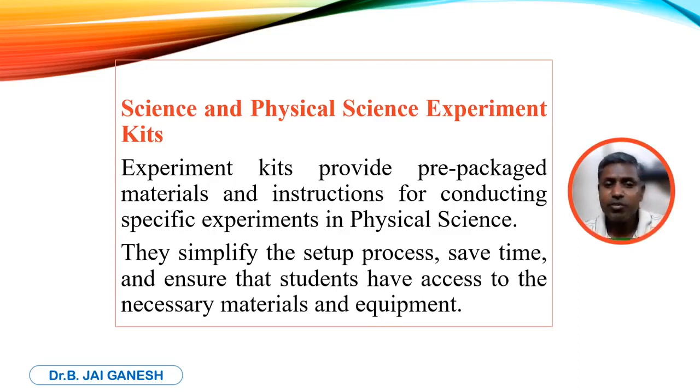It simplifies the setup process, saves the learner's time, and ensures the students have access to the necessary materials and equipment. These are some of the important points of science experiment kits, which are another important learning resource.